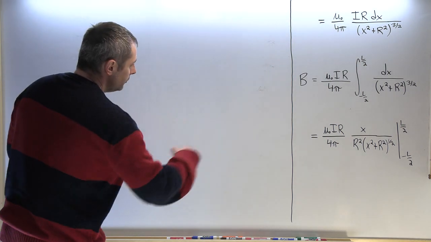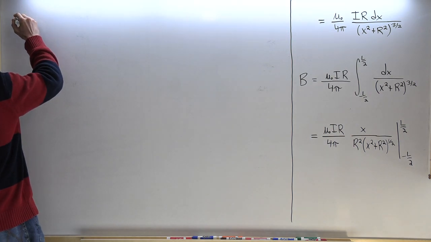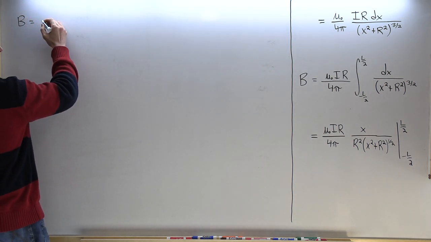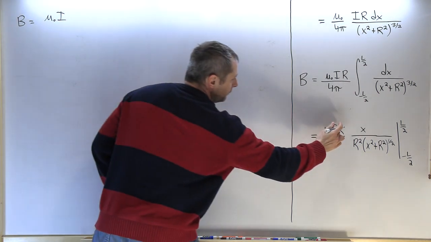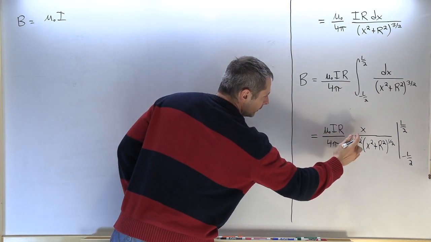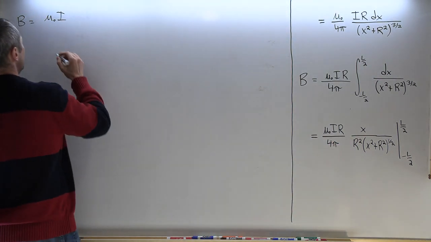All right, so let's plug in the limits. Let me just rewrite all the constants. Now notice we've got an r here and an r squared, so let me just get rid of that and have 4 pi r on the bottom here.